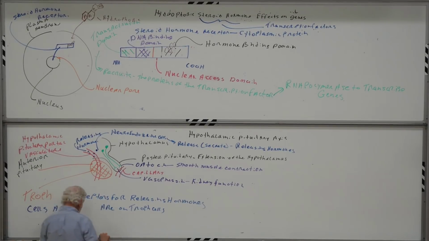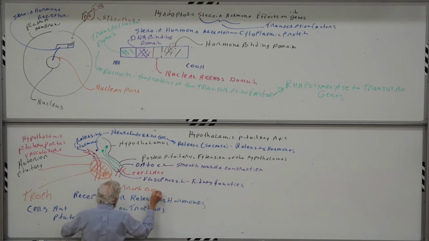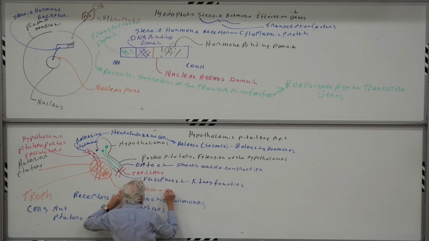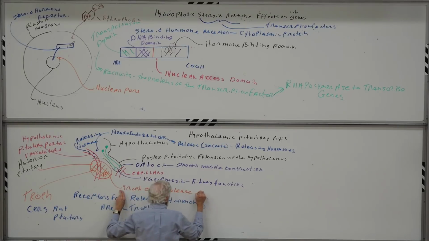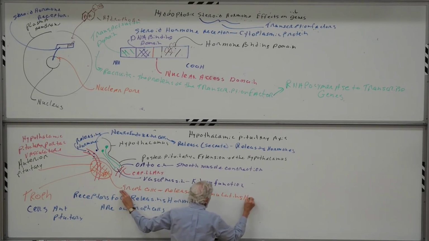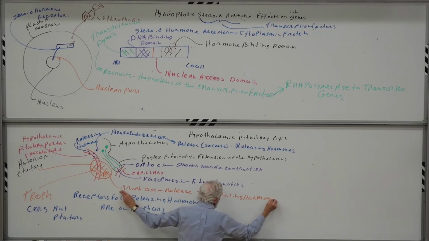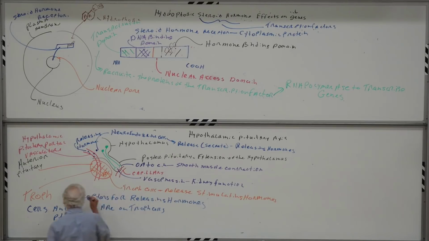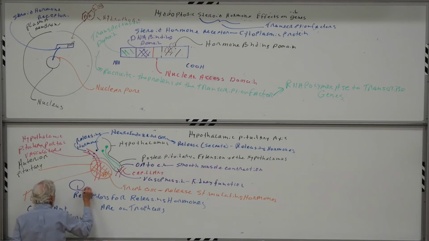So the receptors for the releasing hormones are down here on the troph cells. And in response to the releasing hormones, the troph cells release stimulating hormones. And the target for the stimulating hormones is the so-called target gland.